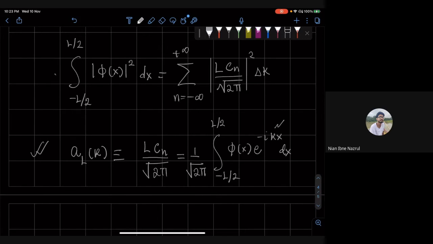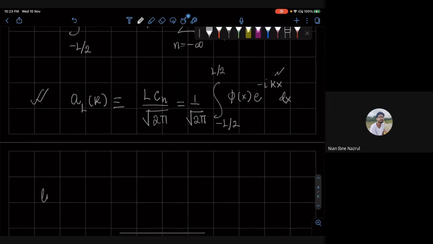Now we take a limit, in which L, the period of the function, becomes infinite. In that limit, k goes to 0.